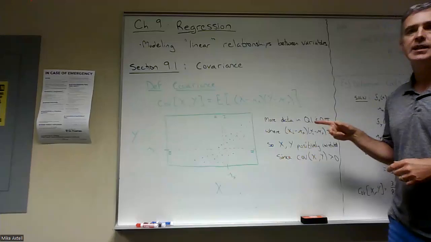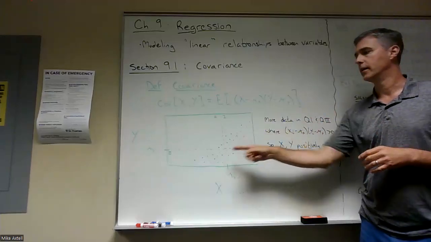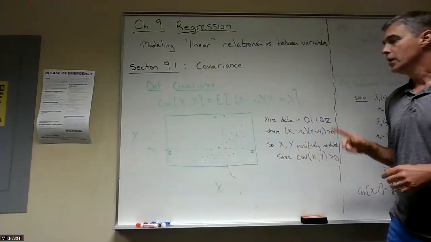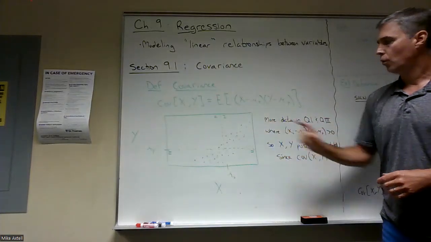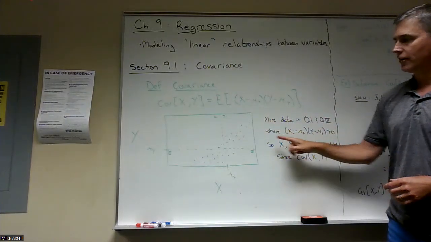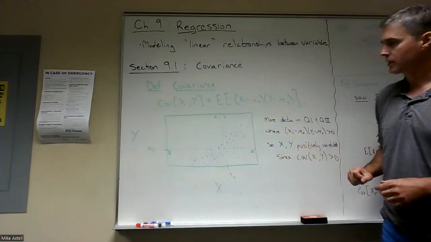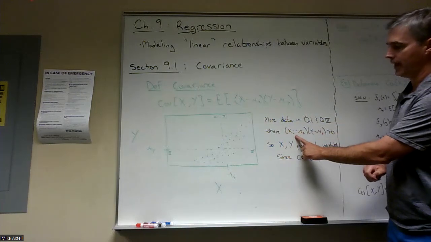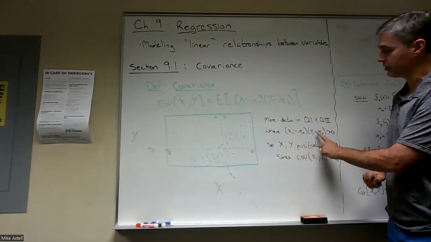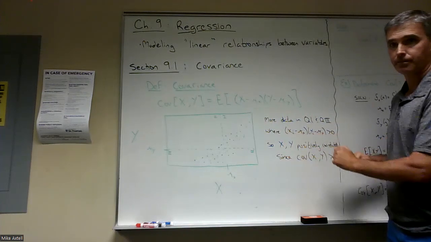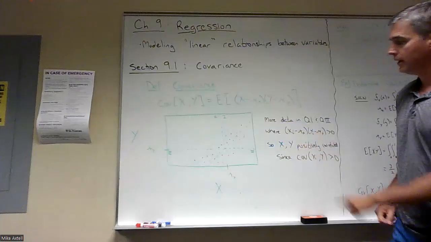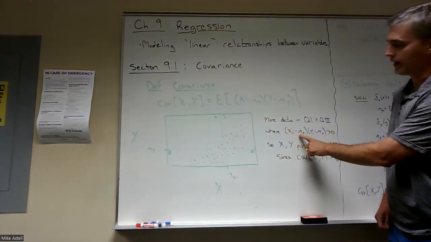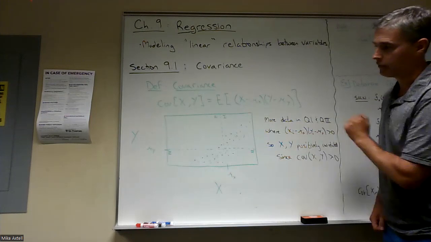All right, and so let's see how covariance is capturing that idea of a positive slope. So in quadrant 1, the x values are greater than the mean of x, and the y values are greater than the mean of y. So xi minus mu x is positive, so is that, so the product's positive. Now in quadrant 3, xi is less than mu of x, so xi minus mu of x is negative.